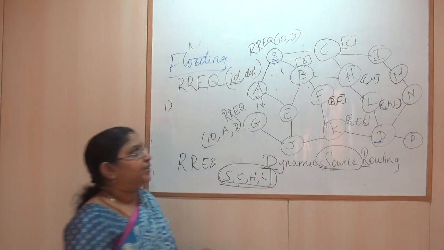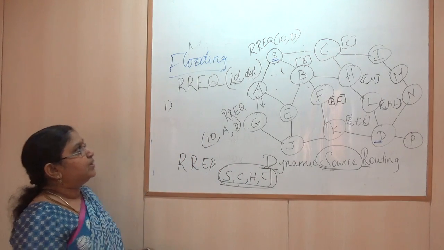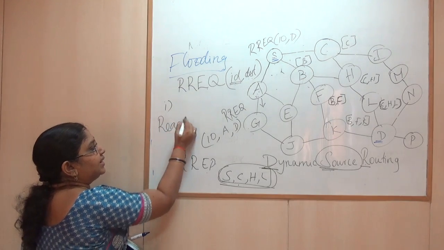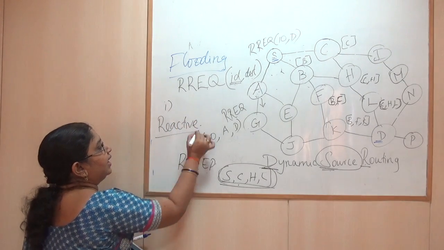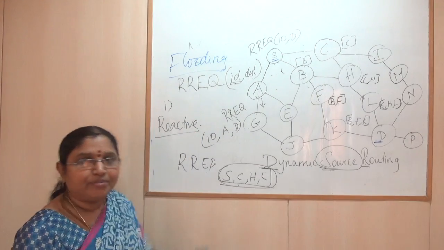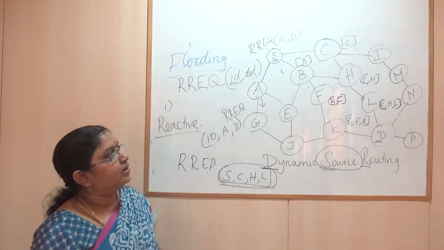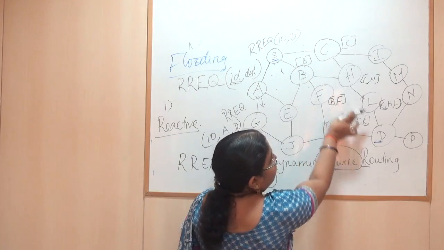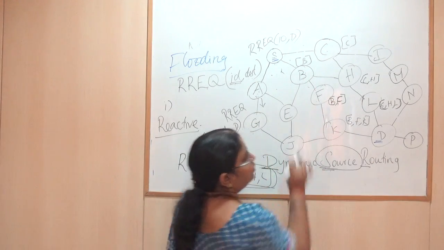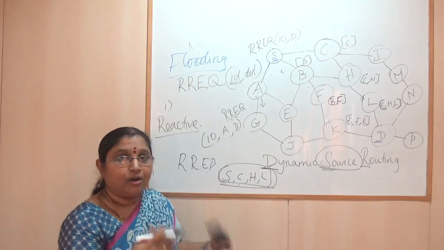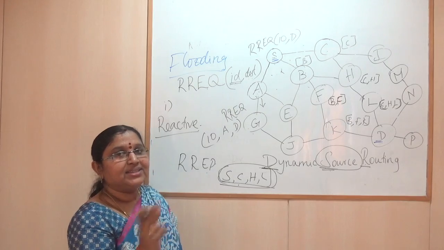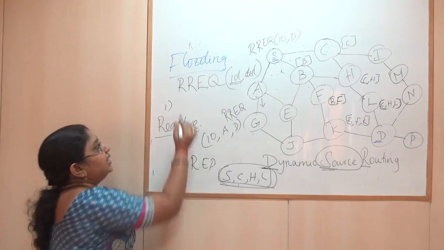It is particularly useful since it is a reactive routing protocol, and we can do some optimization in it. Whenever any intermediate node passes the route request message, it can also learn the route of its neighbors. That is another major advantage of DSR.